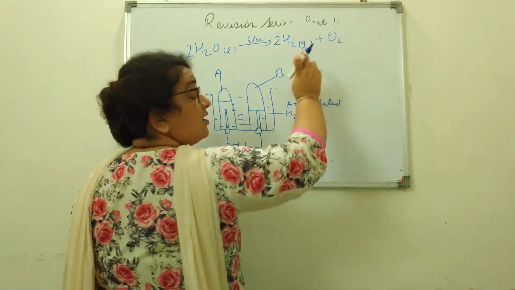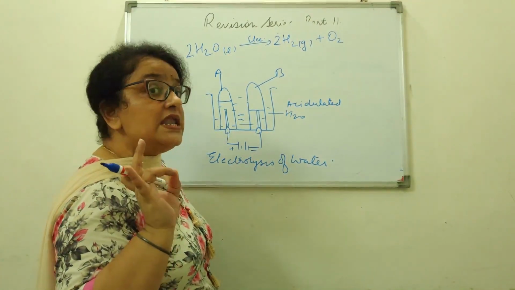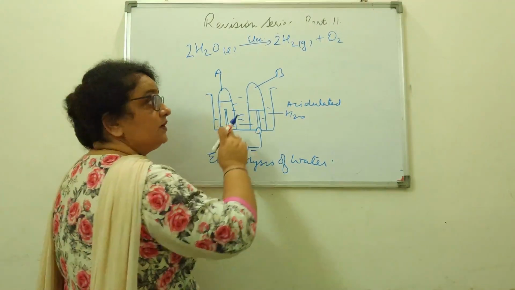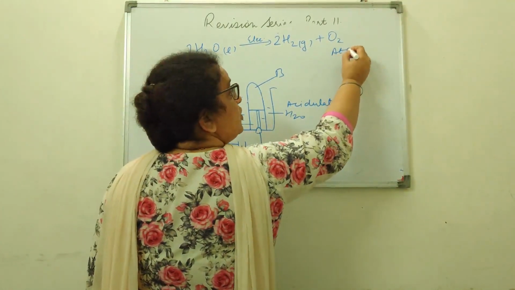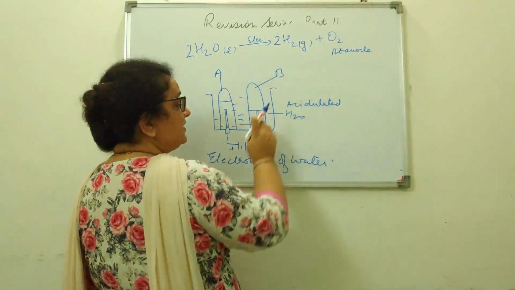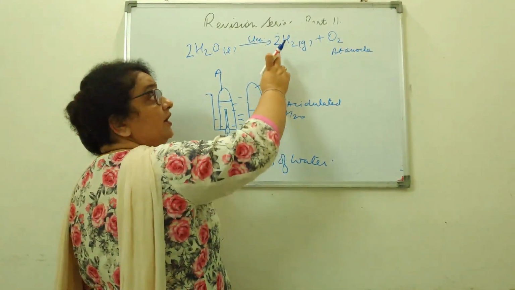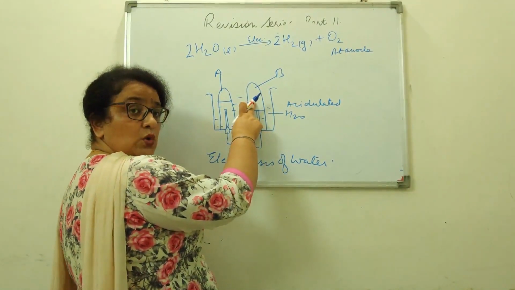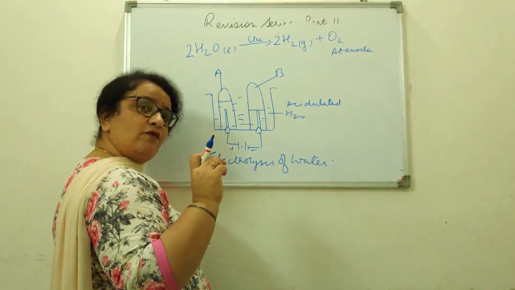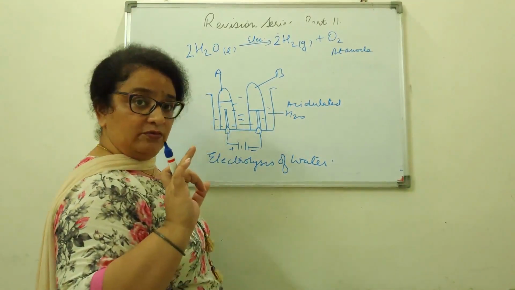Oxygen is an oxide ion, a negative ion. It will be at the anode. So at the anode you get oxygen gas, and at the cathode, the negative terminal, hydrogen ions first go there as hydrogen ions, and 2 hydrogen ions combined will form 1 hydrogen molecule.